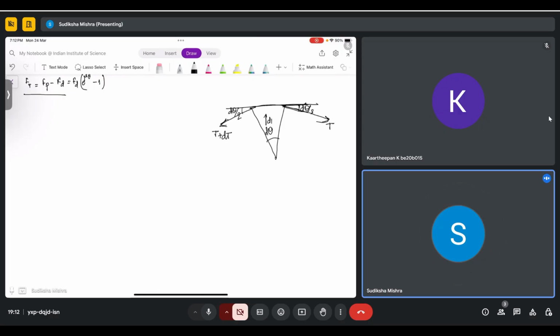Because of the contact, there will be a normal force produced. The normal force is dN, and by basic frictional principles, the friction will act normal to the force produced. If this is the normal force, friction will act in this direction, because the movement is occurring in this direction.